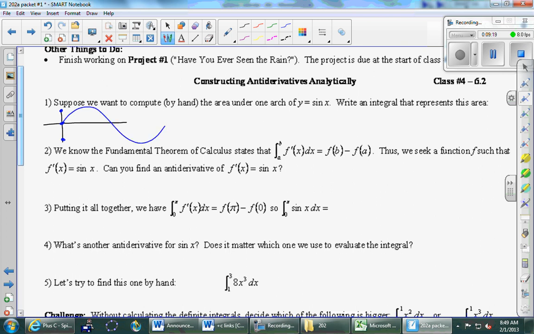Okay, so here's our graph of sine x. If we want one arch, then it seems like we are stopping at this point right here, so we need to know the x value at that point. What is it? That is pi. And we're after the area inside of here. Can you write down the integral that represents that area?